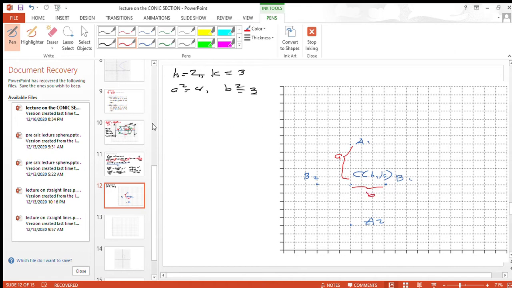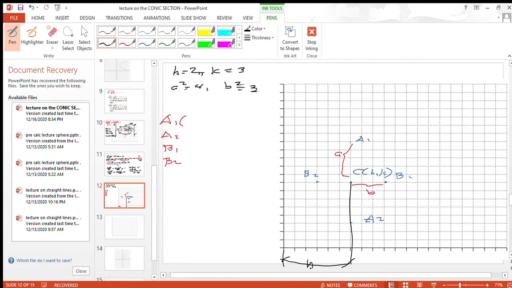Okay, so if we want now to consider the coordinates A1, A2, B1, B2, because we will be needing this. A1, if you will look at A1, in our diagram, isn't it that center is at HK?